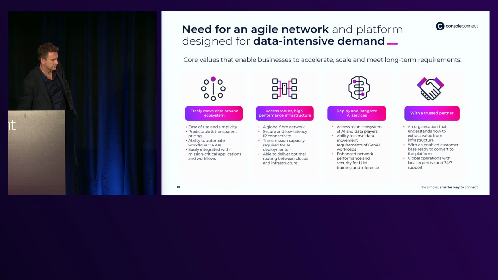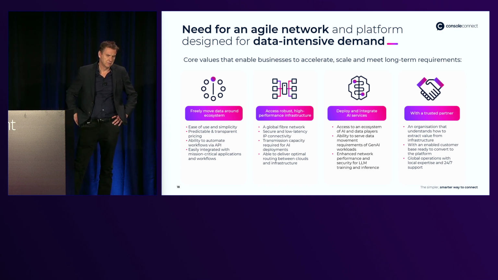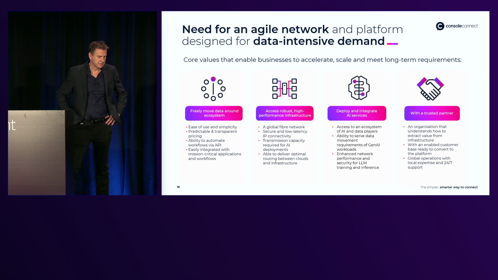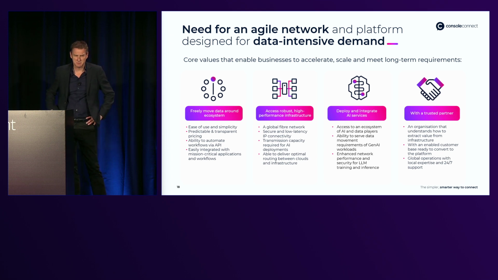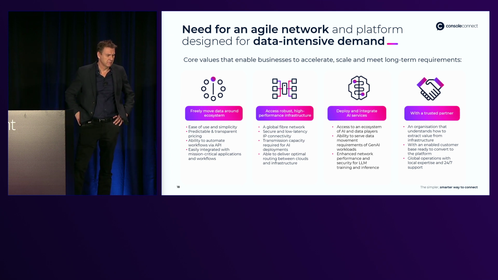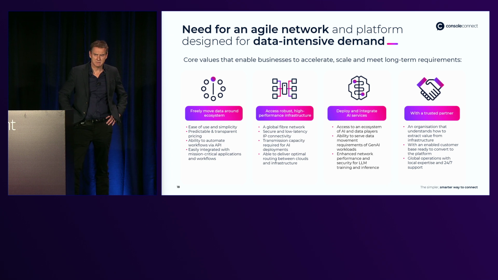Some of the principles that we've adopted when we built this automated network and platform. Firstly, the freedom to move data around this ecosystem, make it as easy as possible to do that. And we do that through a web-based console or through a series of APIs.